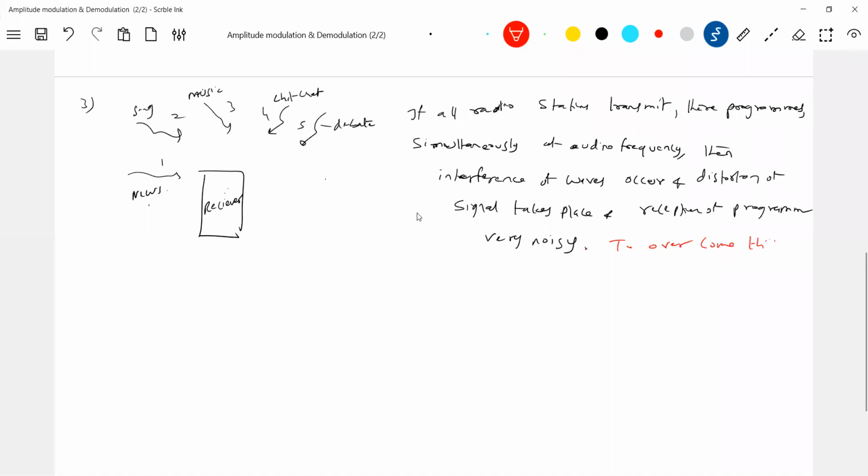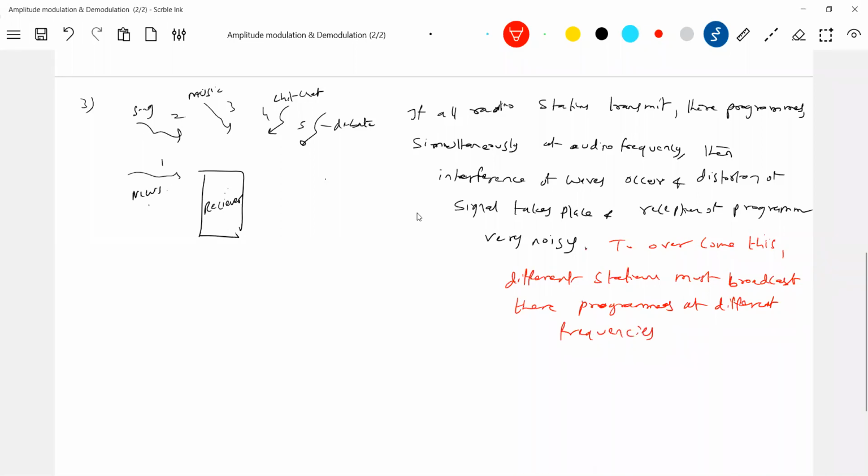To overcome this, different stations must broadcast the programs at different frequencies.